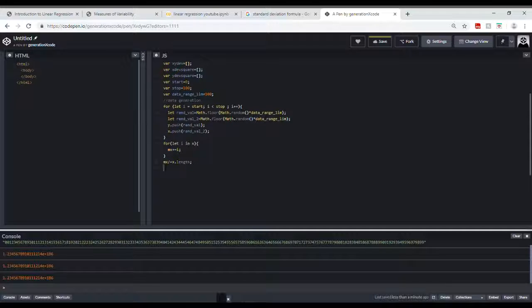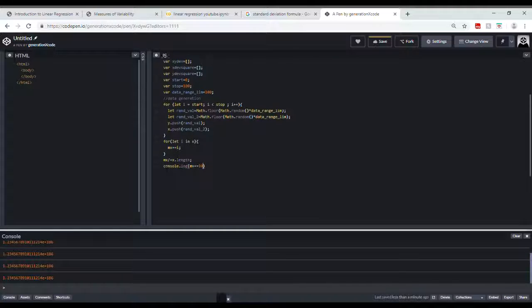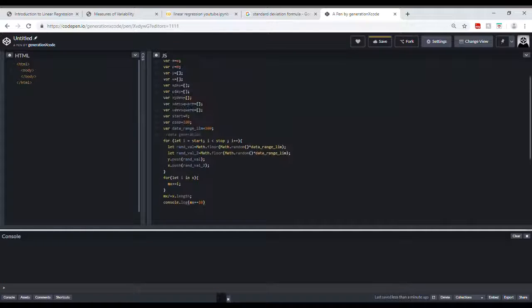Okay, let's delete this and console.log mx plus 10. Okay, and clear the whole thing. What? No, that can't be.